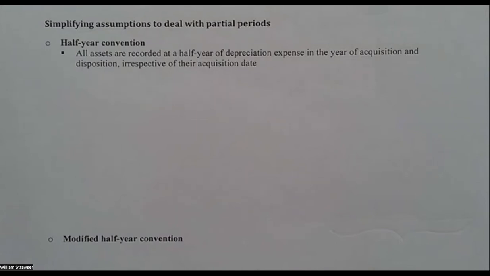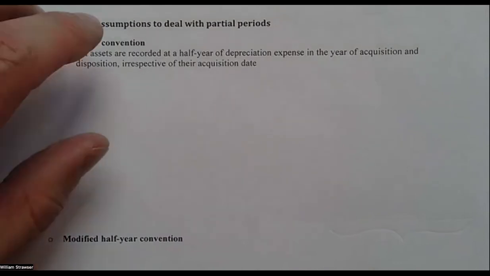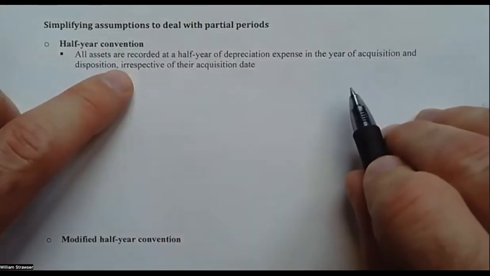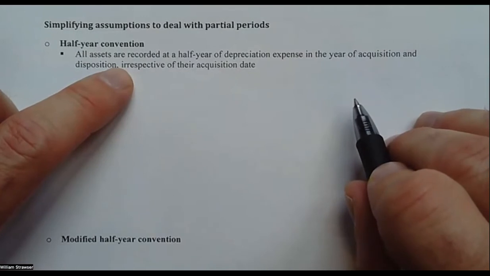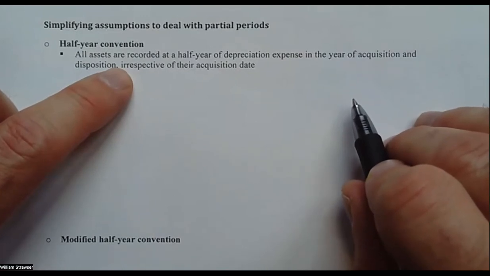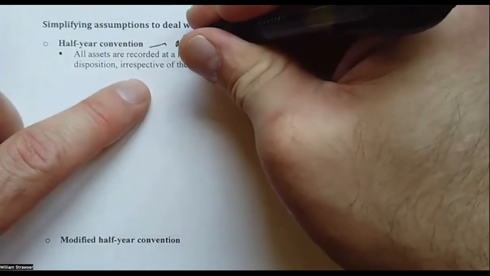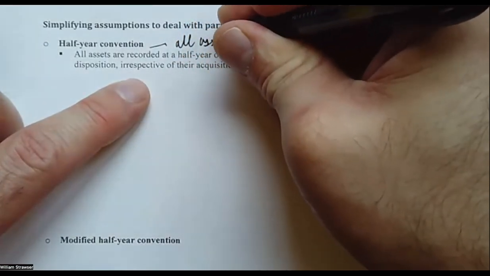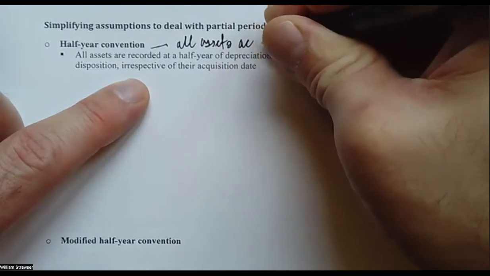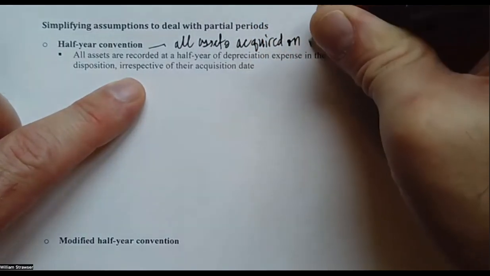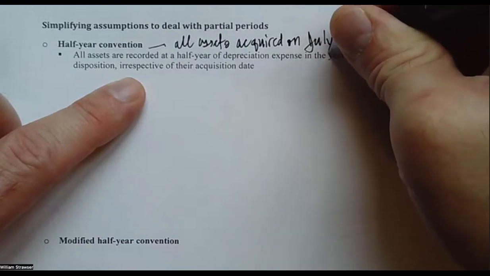The half-year convention assumes that all assets were basically acquired on July 1st, no matter when we acquired them.